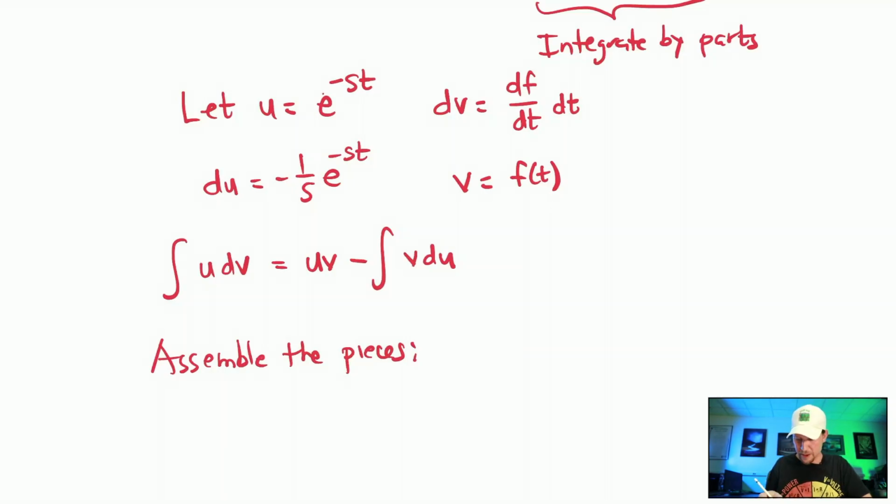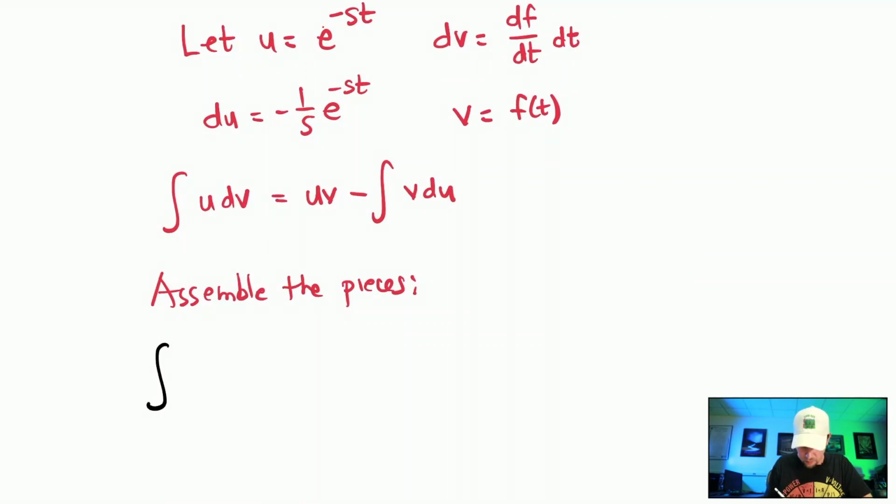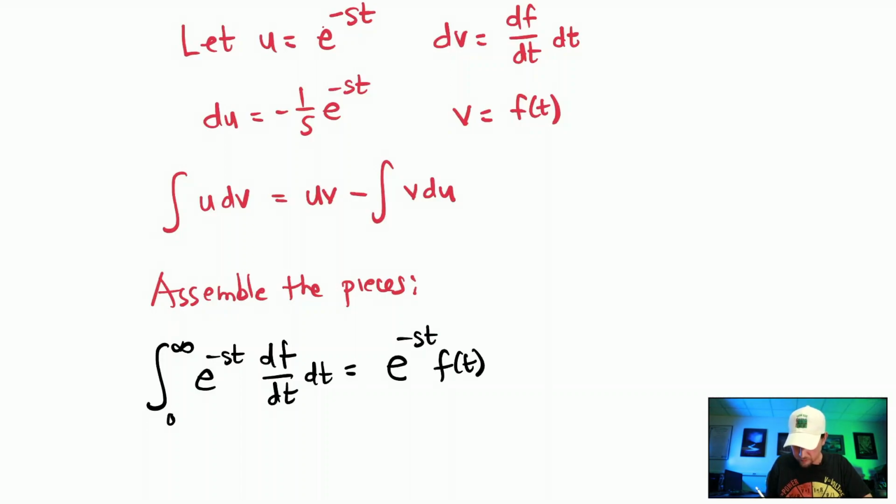Here, the integral from 0 to infinity of e to the minus st df dt is uv, which is e to the minus st f of t, evaluated at 0 and infinity like this.